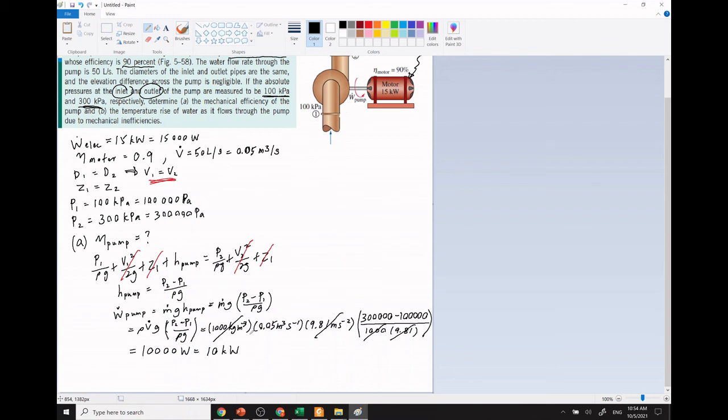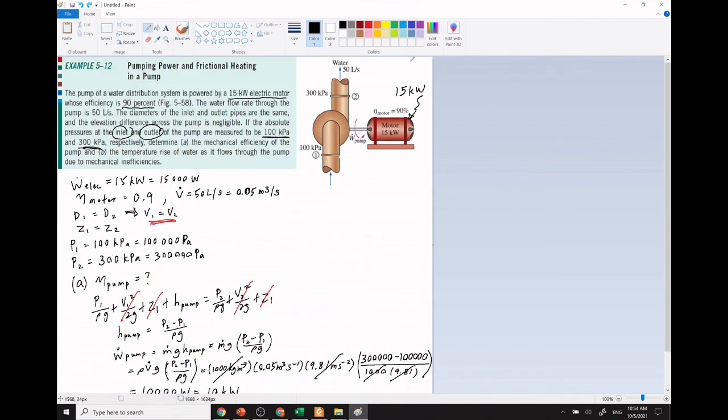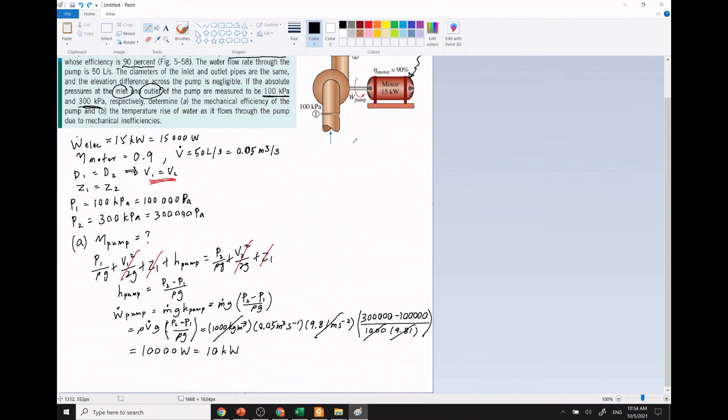Alright, then we want to find the efficiency of the pump. Before we do that, we want to know how much energy from the 15,000 watt electricity is being converted to the shaft work, the power received by the shaft.